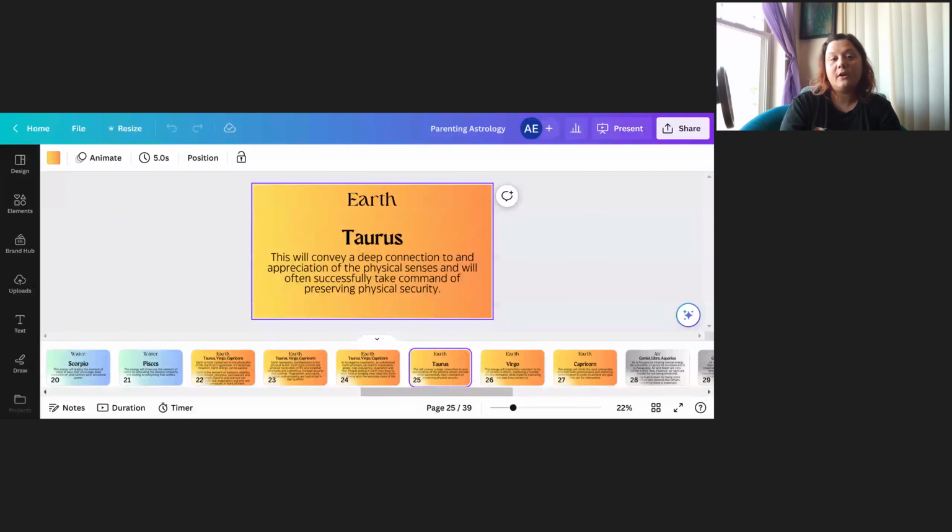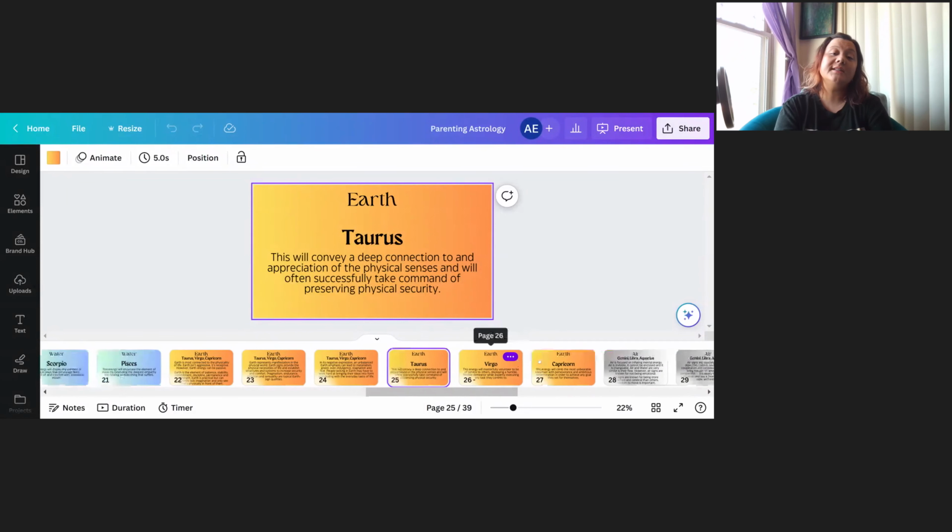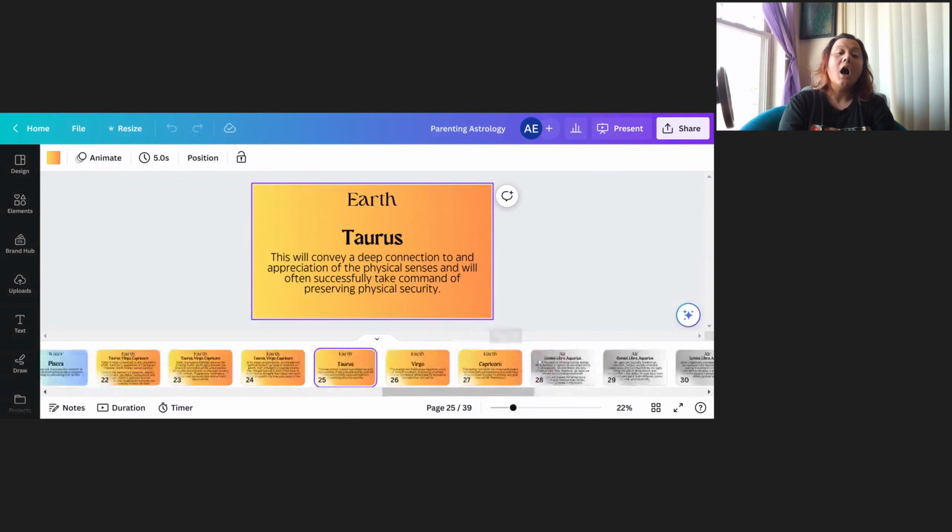All right, so Earth sign by Earth sign, we have Taurus. And Taurus will convey a deep connection to and appreciation of the physical senses and will often successfully take command of preserving physical security. So, like I had just mentioned, Venus is ruled by Taurus.